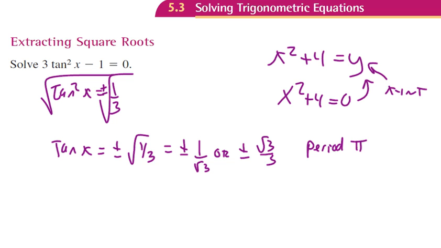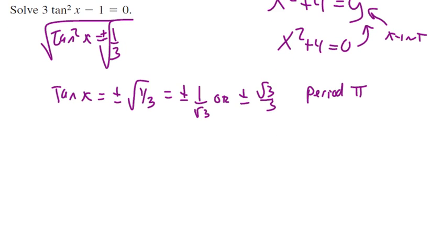So let's check this out here. If you look at a unit circle here, I want plus or minus 1 over radical 3. So I know that our first one, 1 over radical 3, is going to be at pi over 6. If you look right here, our first coordinate point is radical 3 over 2, 1/2.